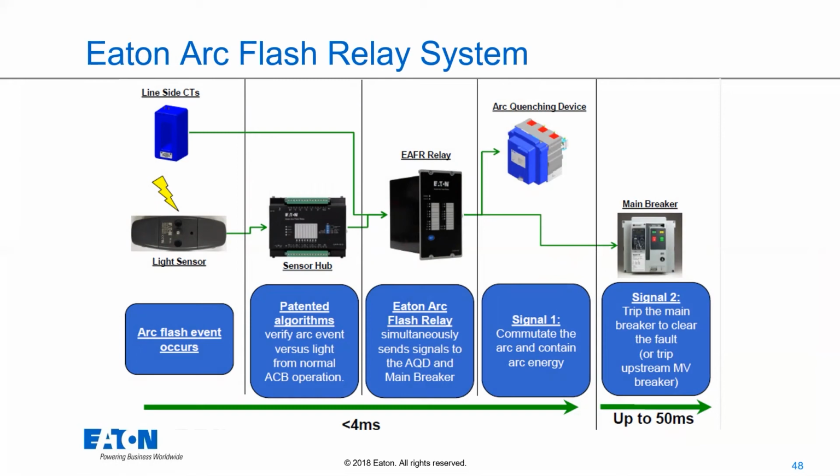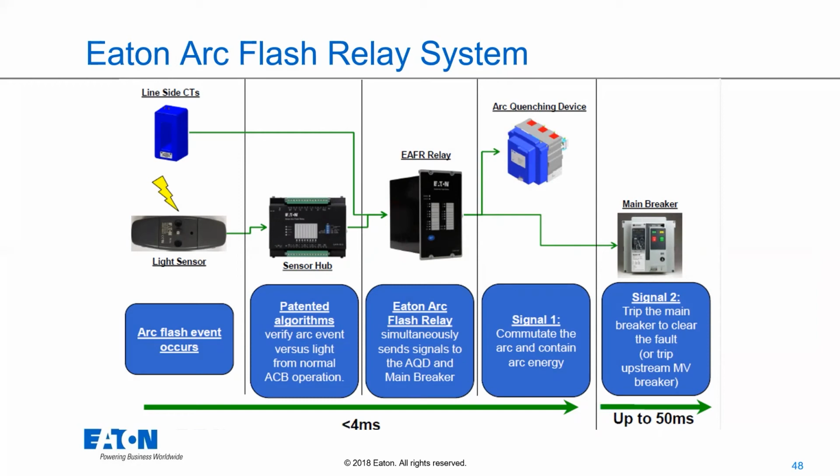The Eaton arc flash relay will simultaneously send a signal to two places, right? You have your arc quenching device. So this actually moves the energy, right? So wherever that arc is coming, it'll work to contain it, move it away from where your maintenance worker might be, right? That's the commutate the arc.